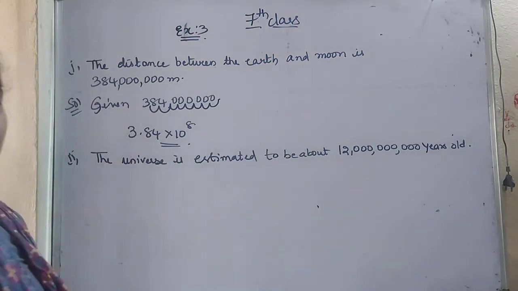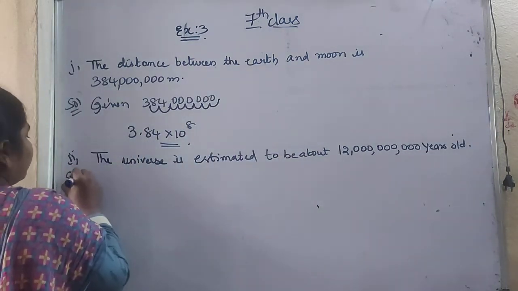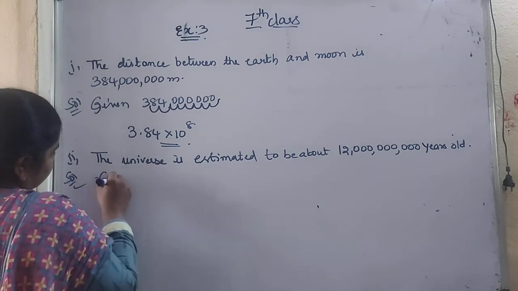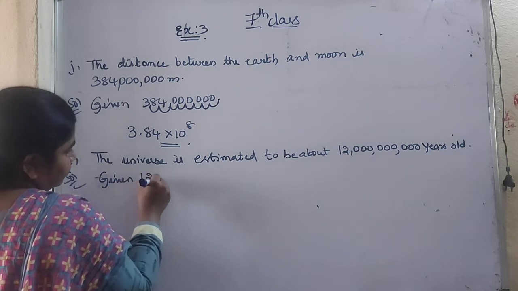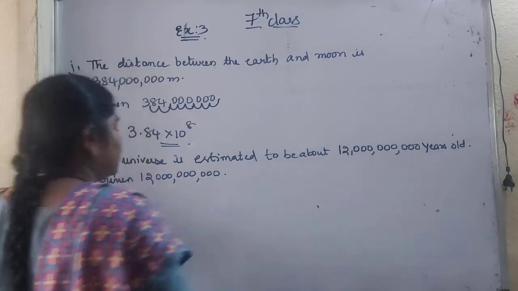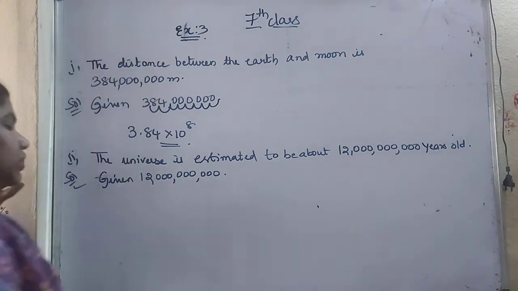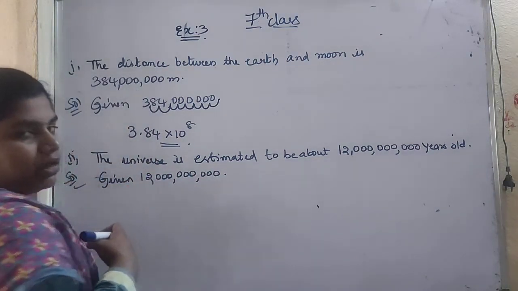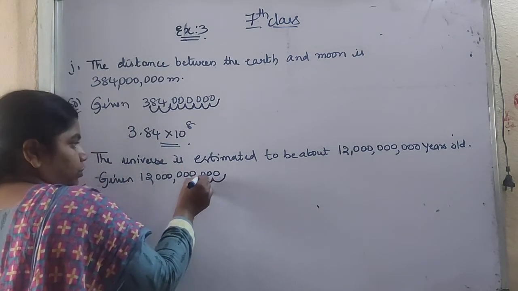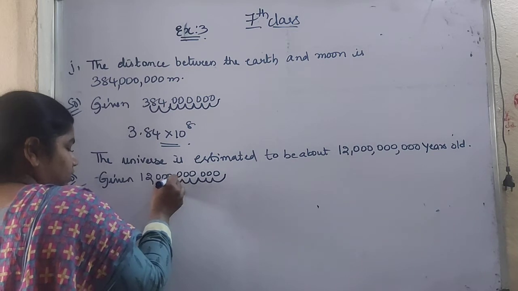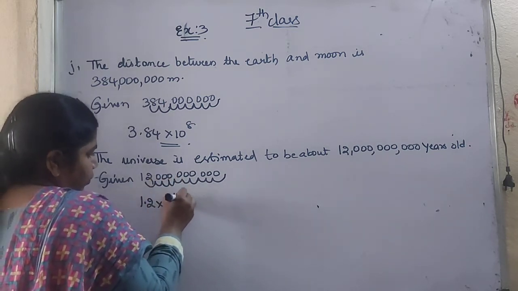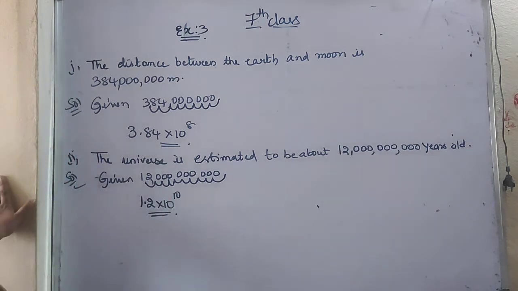So this one we have to convert into standard form. This is a bigger number, so the point should be at the last. We have to move to which side? Bigger number means we have to move to the left side. So how many times? 1, 2, 3, 4, 5, 6, 7, 8, 9, 10. That is 1.2 into 10 power 10 is our standard form.